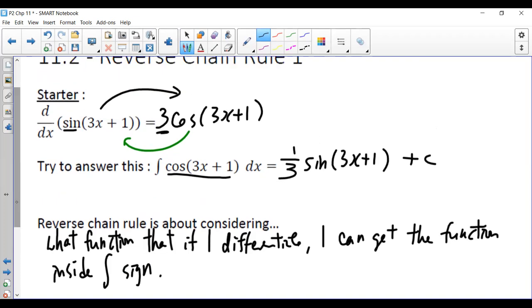So in here, what I'm trying to say is, let's say we integrate cos 3x plus 1. Now, we're not going to integrate cos 3x plus 1. Instead, we're going to think what differentiates to give cos 3x plus 1, and then reverse the process.